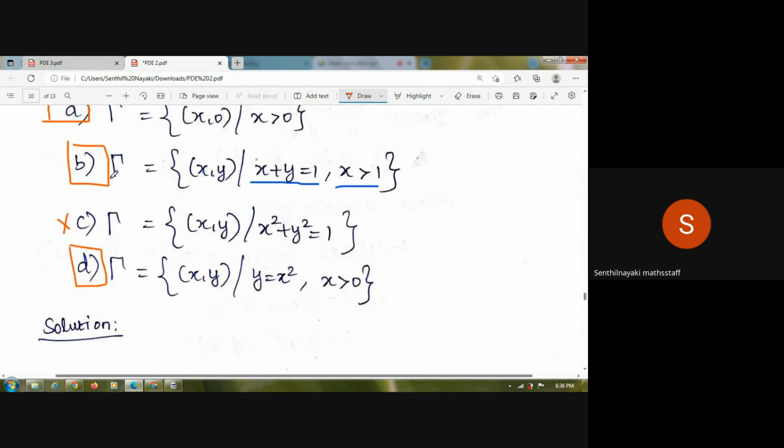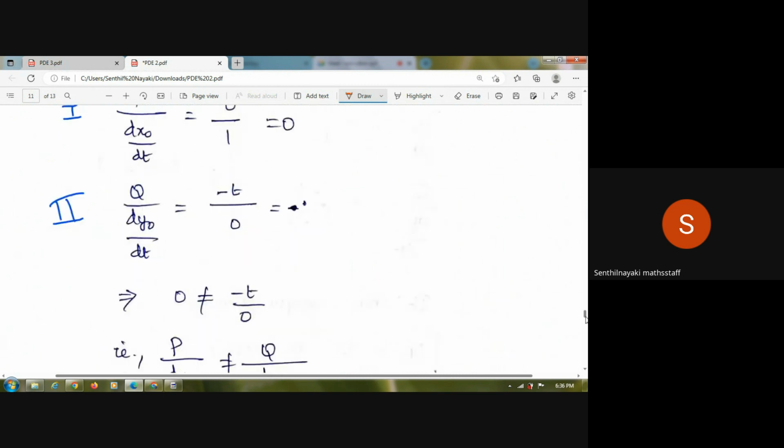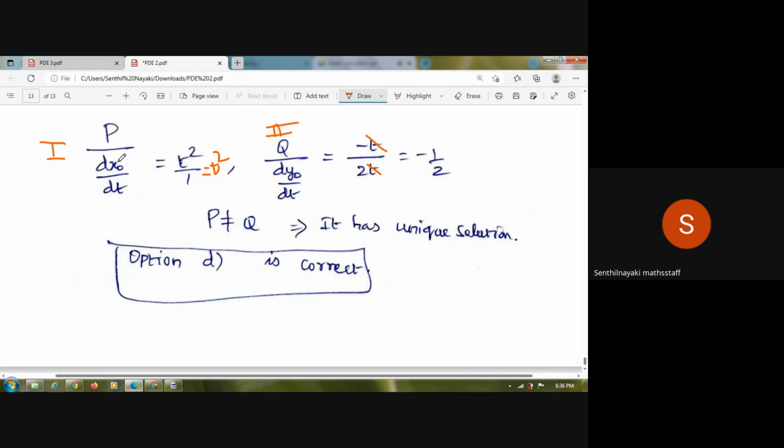So now you might have got some idea about the Cauchy problem. In the first class, we discussed the basics of partial differential equations, that is linear and non-linear partial differential equations. I have said many times, a linear partial differential equation can be solved by Lagrange's method, and a non-linear one by Charpit's method. Charpit's method is the general case.